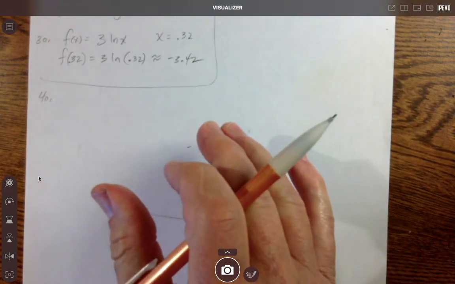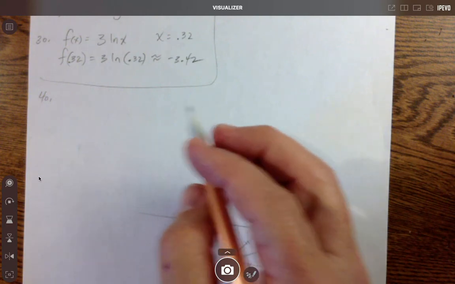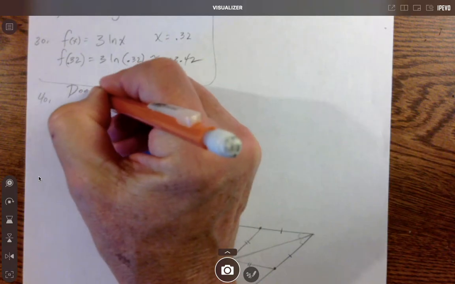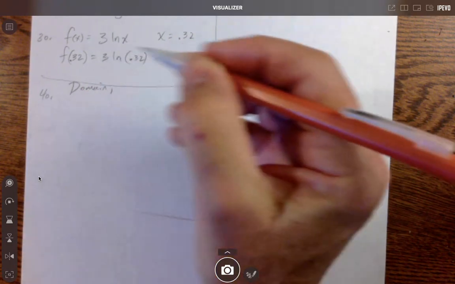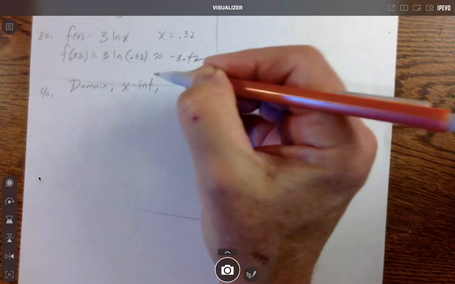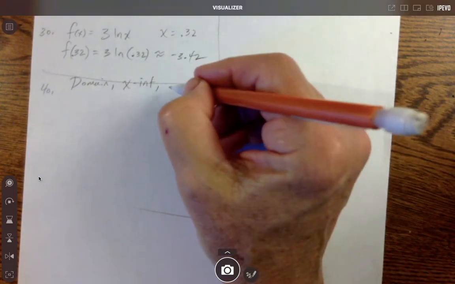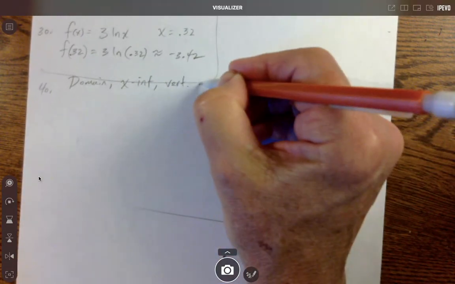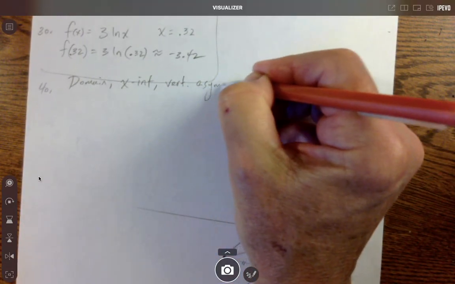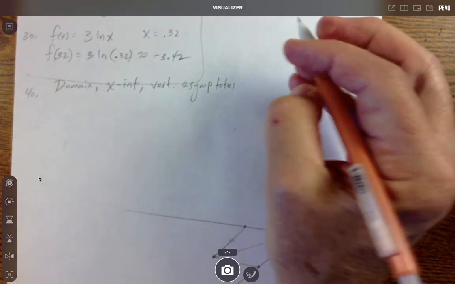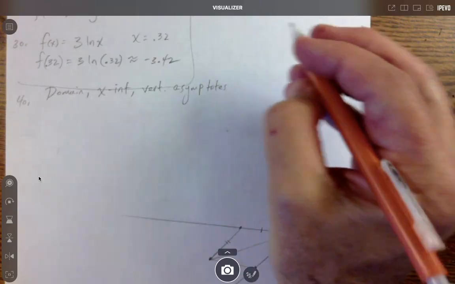So 40 says find the domain, x-intercept, and vertical asymptotes of the logarithmic function and sketch its graph.